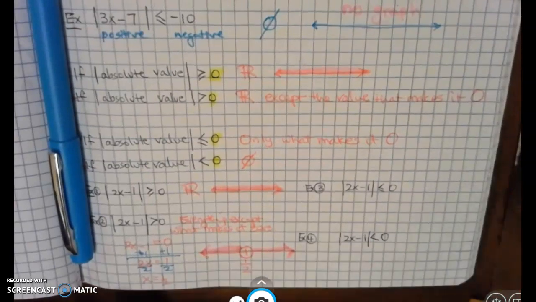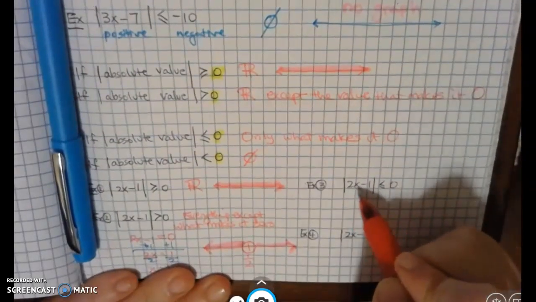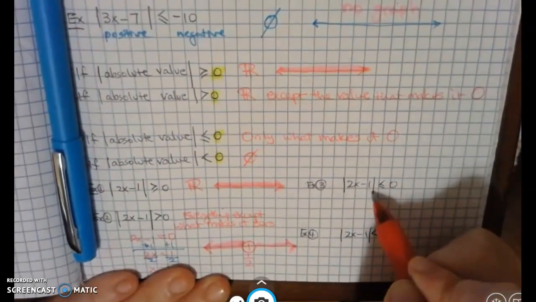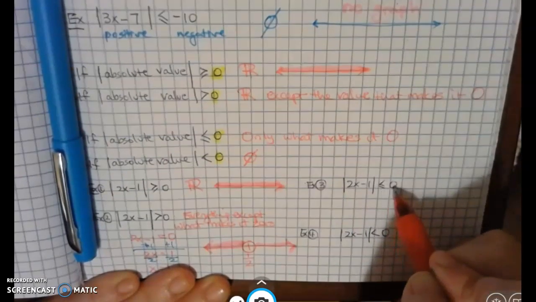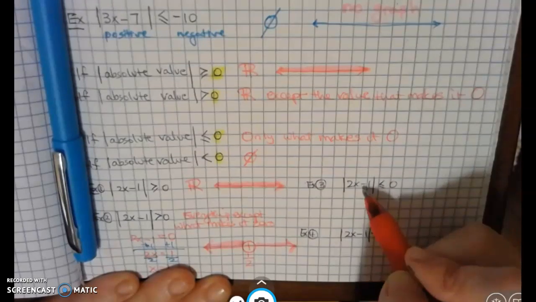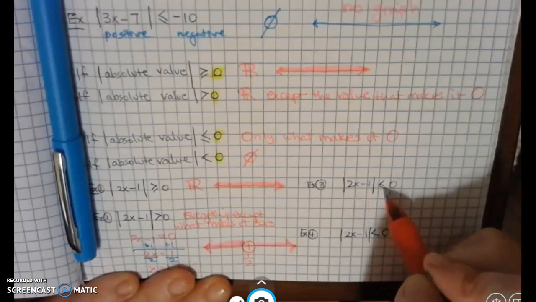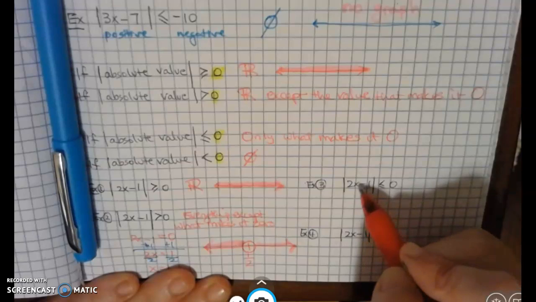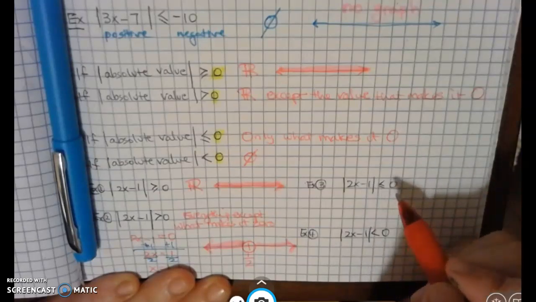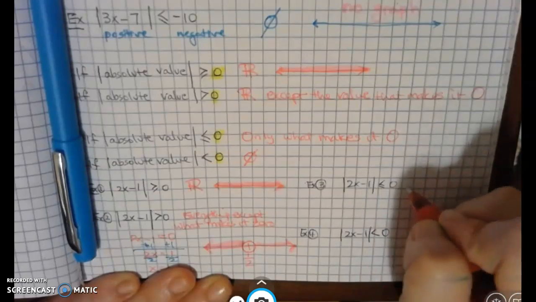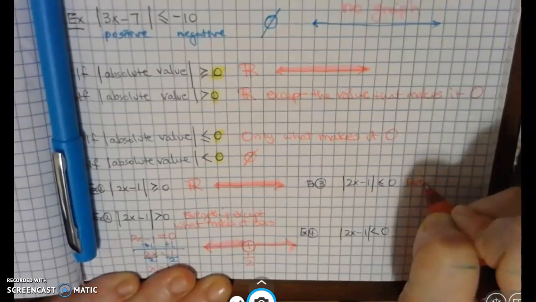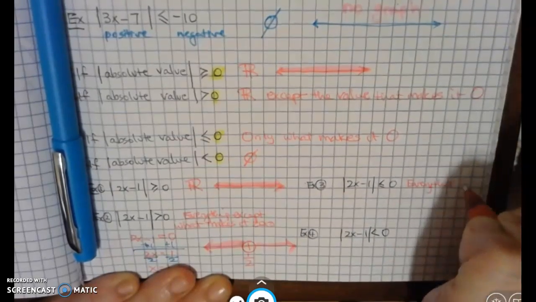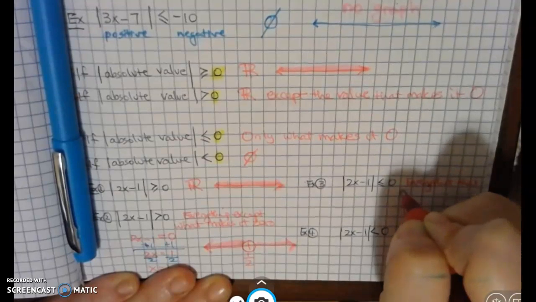Let's try a third example. What about when the absolute value of 2x minus 1 is less than or equal to 0? Can it ever be true? Well, absolute value is always going to yield positive or 0. So it can be true when 2x minus 1 is equal to 0. So everything that makes it 0.